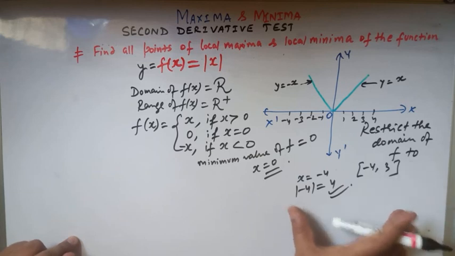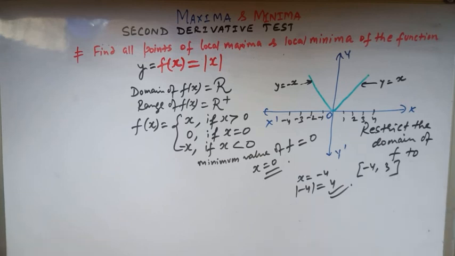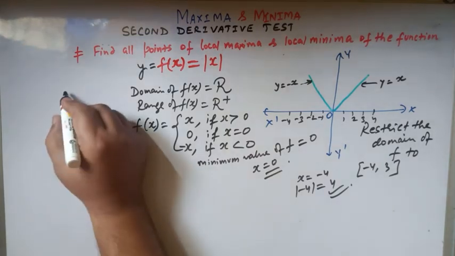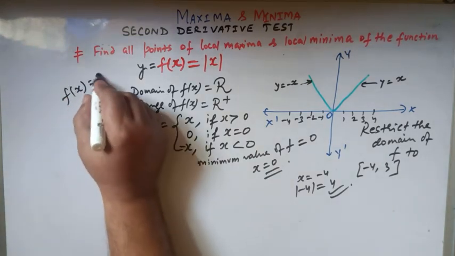Clear? So viewers, in today's lecture we have discussed the concept of second derivative test, and we have solved some problems based on second derivative test. Then we discussed the cubic function f(x) equal to x cube.